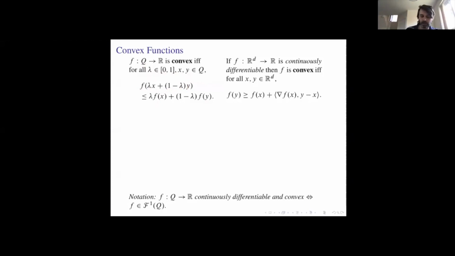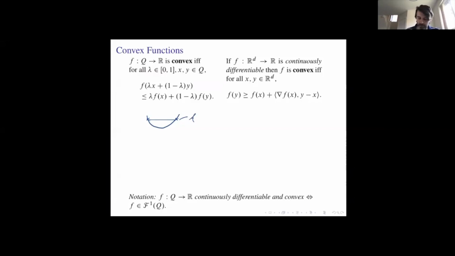So what this is saying is, if you draw a picture, say we have f here, that would be the function. If we take 2 points, x and y, then the line that connects these 2 points must lie above the values of the function f.